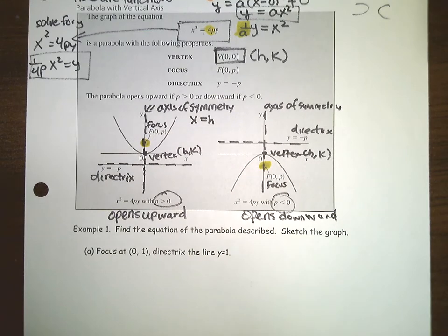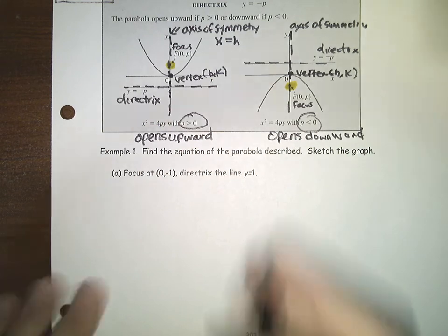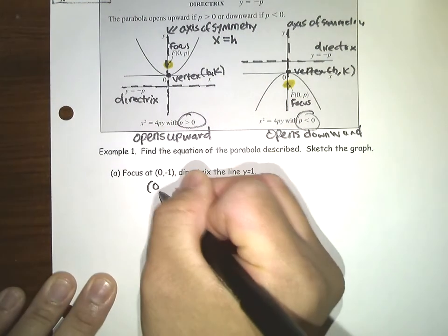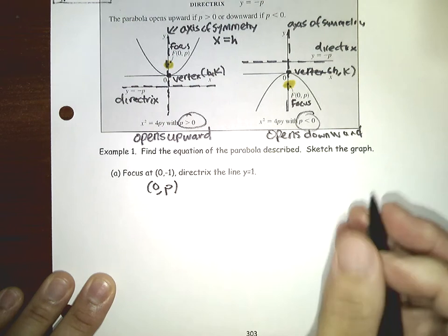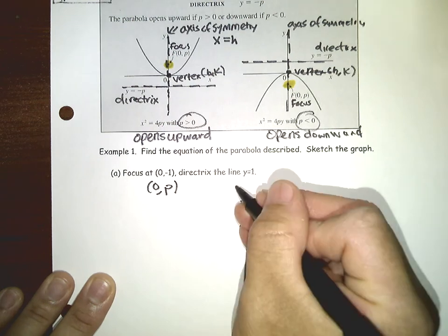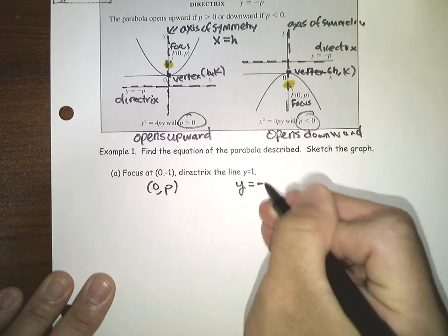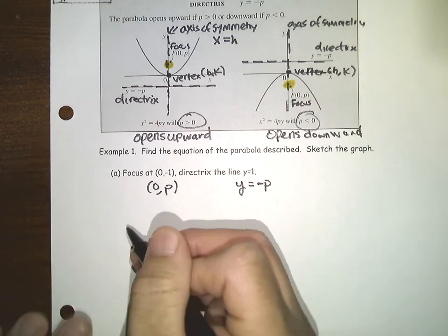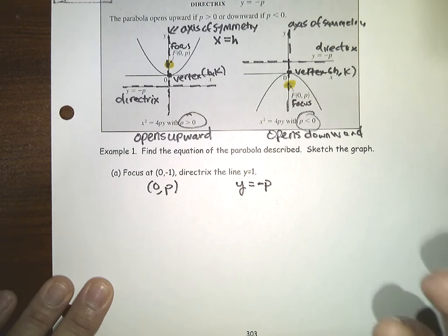All right, so let's try an example here. Find the equation of the parabola described and then sketch its graph. So the focus is at (0, -1), so that would be (0, p). And the directrix is y equals 1, so that's y equals negative p. So I know that p is going to be negative 1.